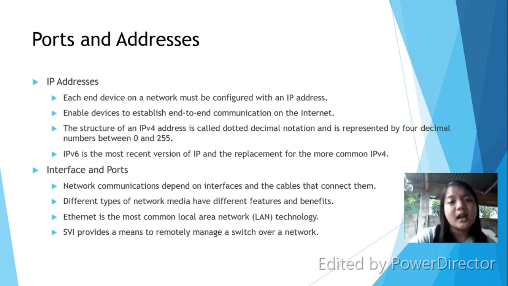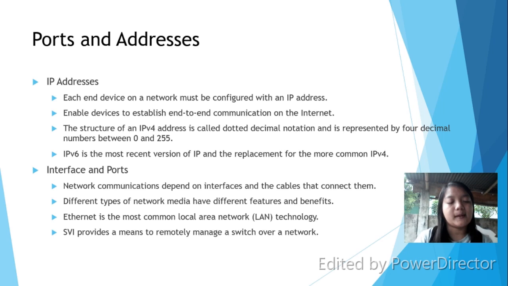So the IP address is used to communicate over the internet. The structure of an IPv4 address is called dotted decimal notation and is represented by four decimal numbers between 0 and 255. Then IPv6 is the most recent version of the IP and the replacement for the more common IPv4.